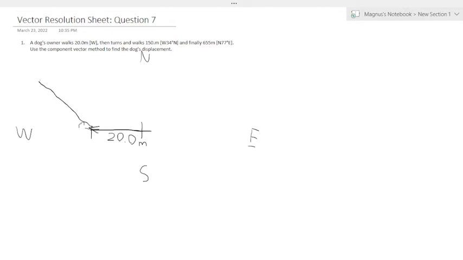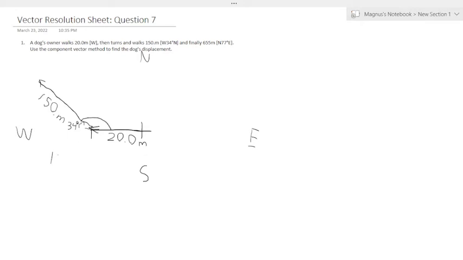This is going to be 150 meters. So we know this angle is 34 degrees. We need to know this angle for later.